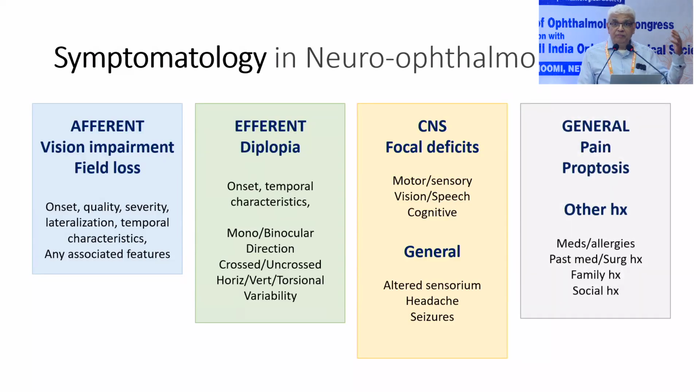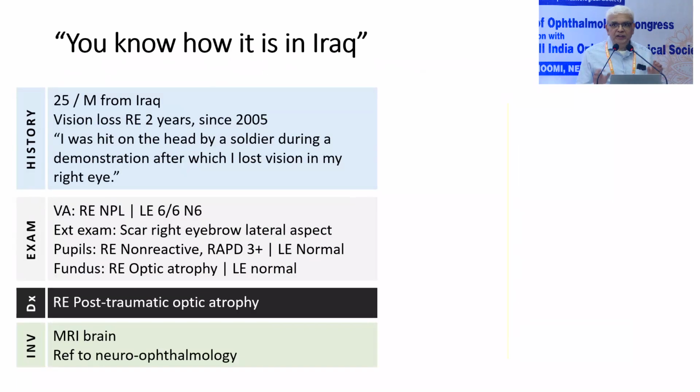Don't forget pain, presence or absence of pain or headache, presence or absence of proptosis. Orbit is something that we miss out a little bit. And other histories, whether social, past medical, surgical, etc. So I'll complete this in one slide and go over some odd stories first.